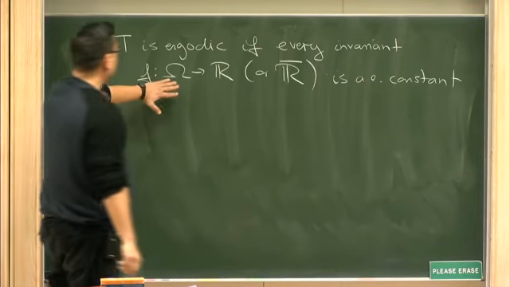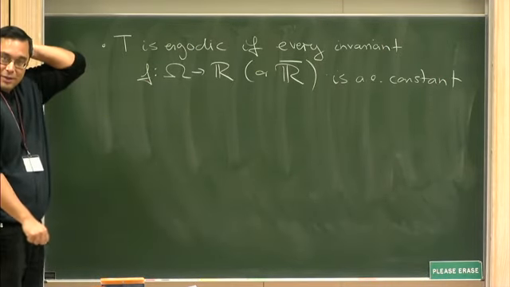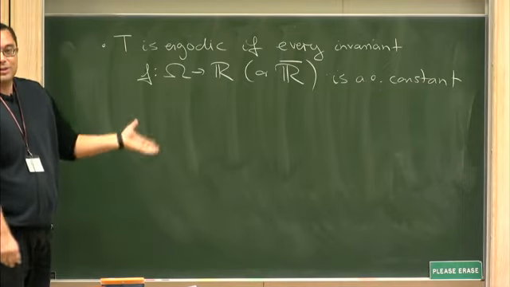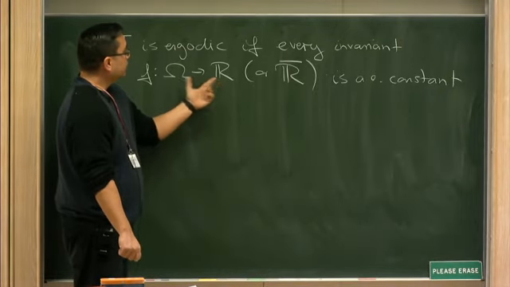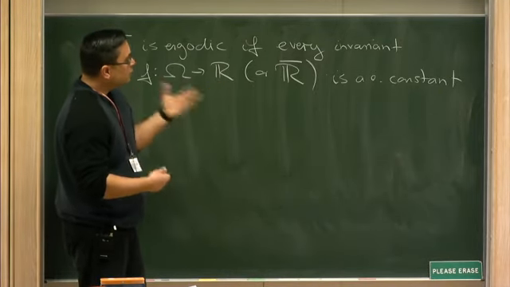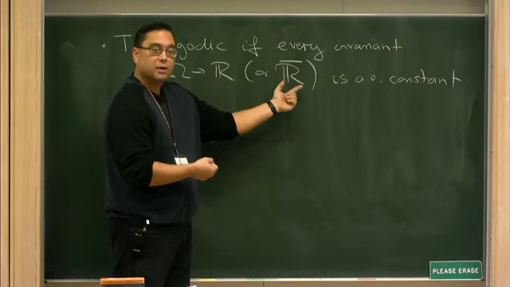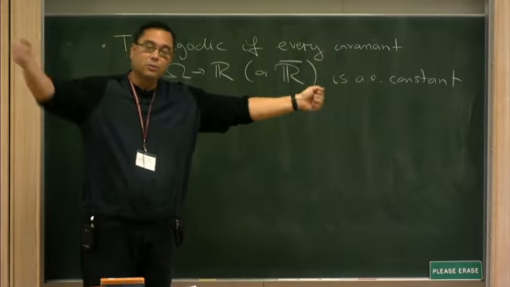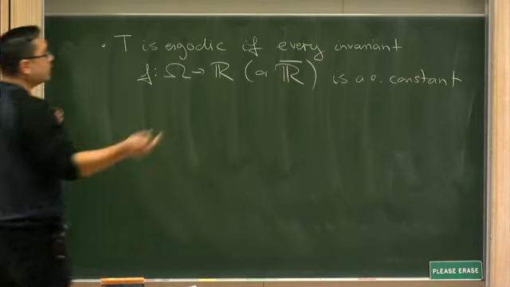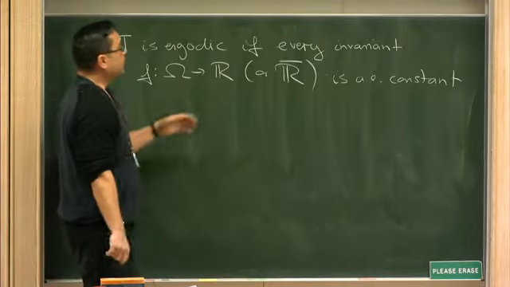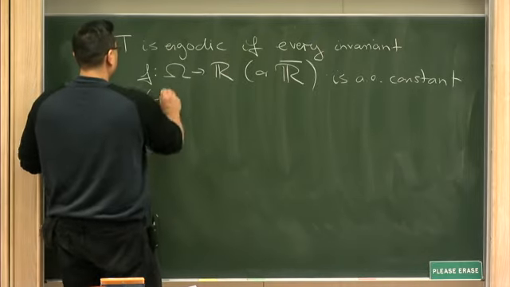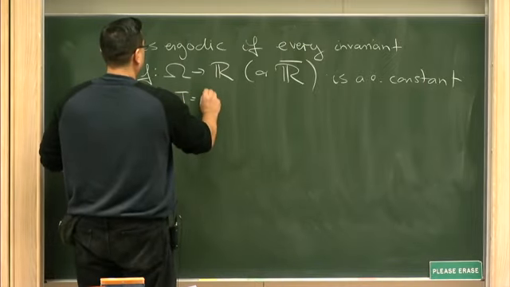Of course, whenever I talk about functions on a measurable space, I implicitly assume that they are measurable. You can work with real valued functions, but for my purpose I also want to look at the extended real line, where I include plus and minus infinity, and look at the extended sigma algebra. Invariant means that f composed with T is f.